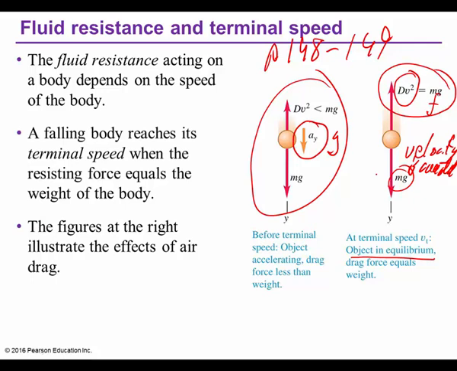Now, you say, well, how do we know what the terminal velocity of an object will be? Is it the same for all objects? No. For objects, and again, if you want to see all the breakdown, the derivation, you can look on page 149. For small objects that have a low mass, the relationship is this right here.